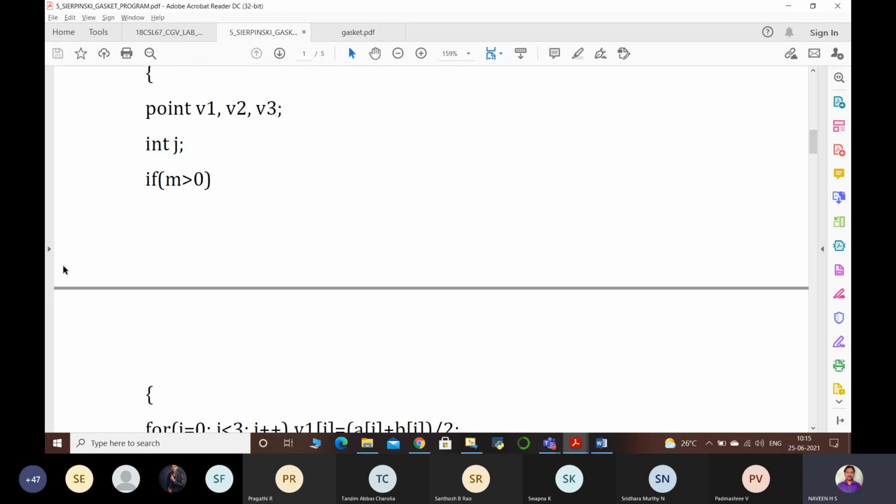Simple. If you are not calculating any midpoint, or if your midpoint is not greater than 0, what output are you going to expect?